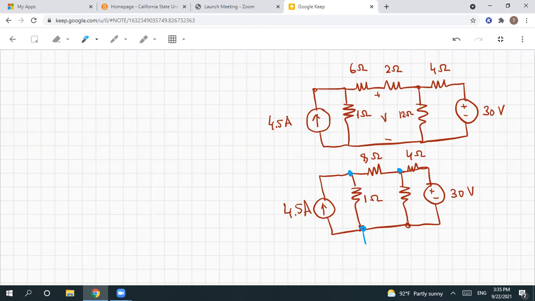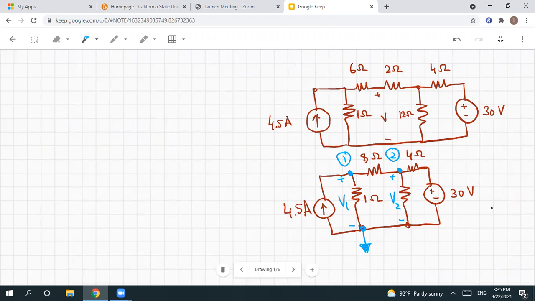So I will select this lower node to be the reference, and I will give this sign to show that this is the reference. I will name this node 1 and this node 2. Then V1 will be the voltage between essential node 1 and the reference, while V2 will be the voltage between essential node 2 and the reference node.